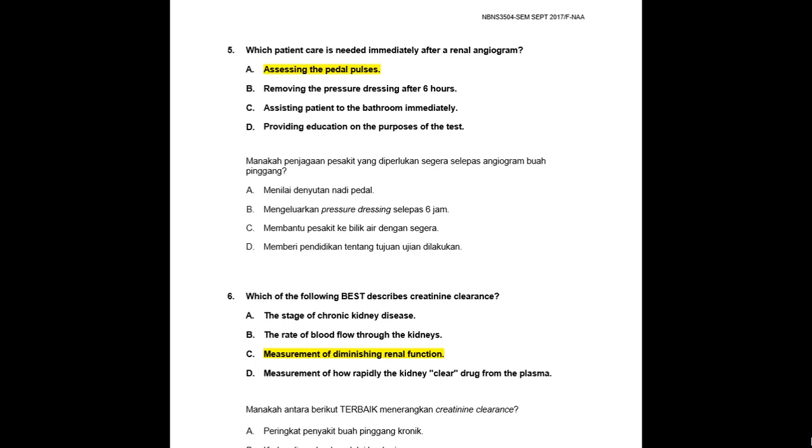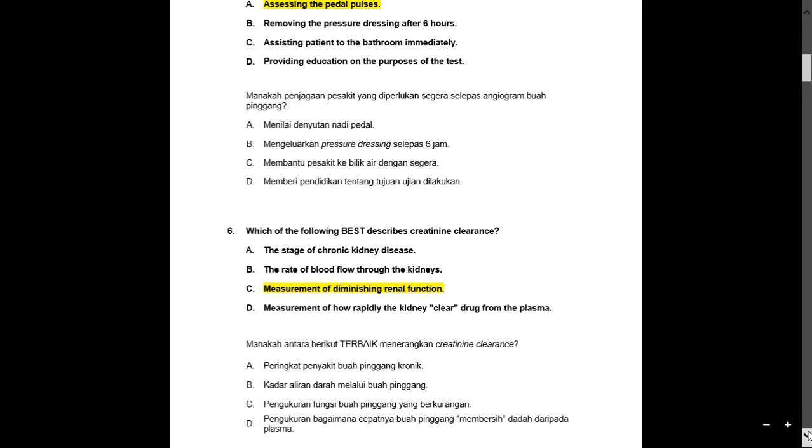So it is very important to assess the pedal pulses. So the answer is A for the fifth question, assessing the pedal pulses.